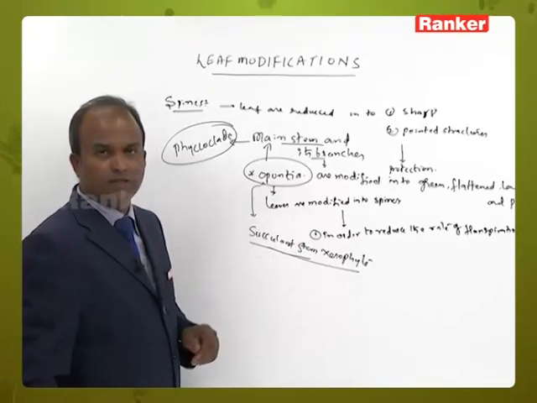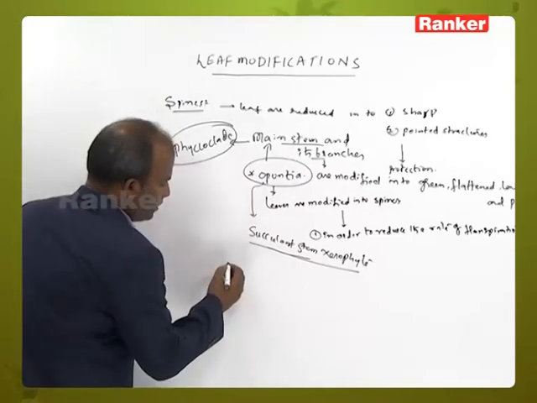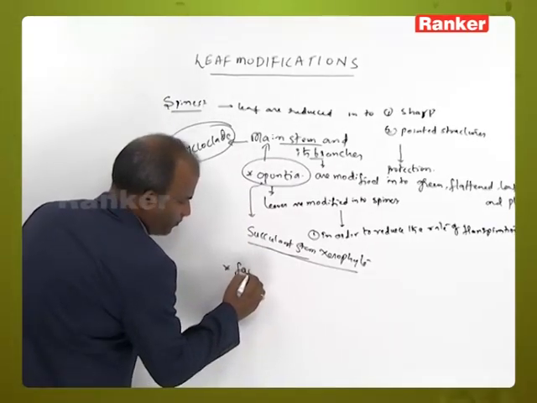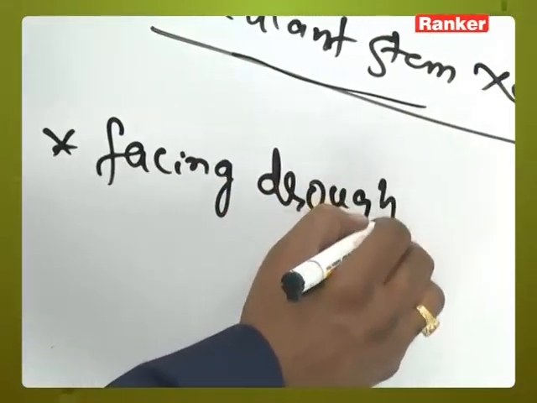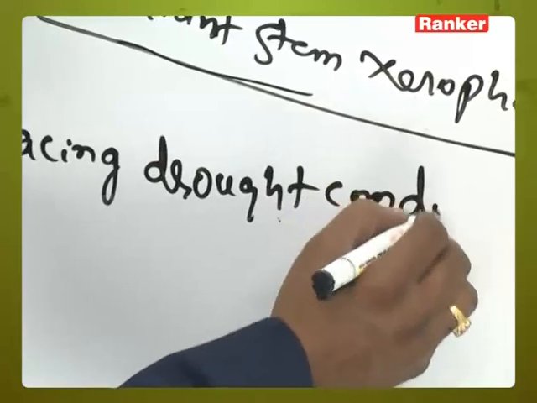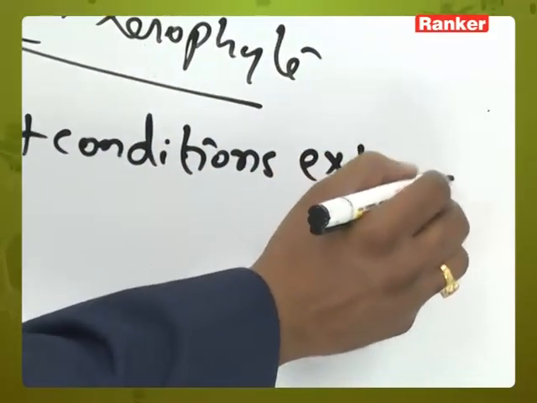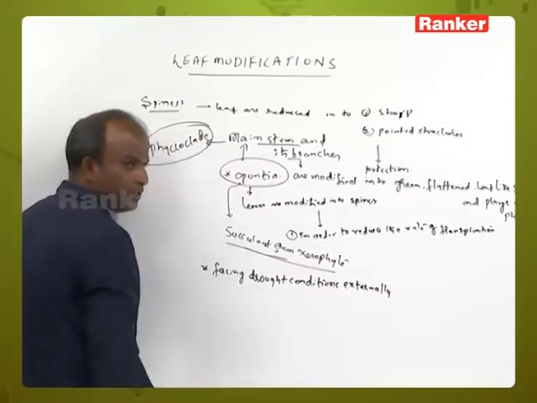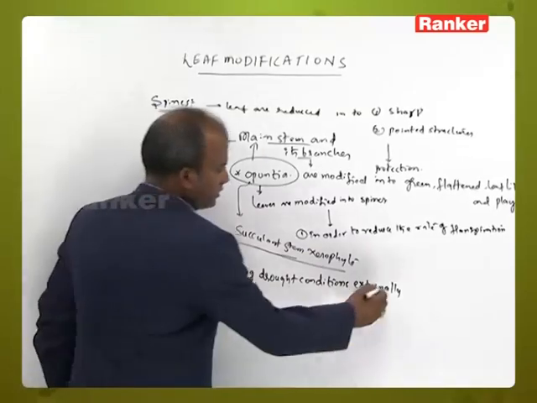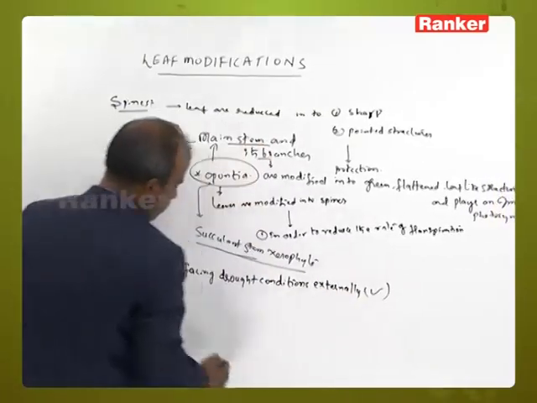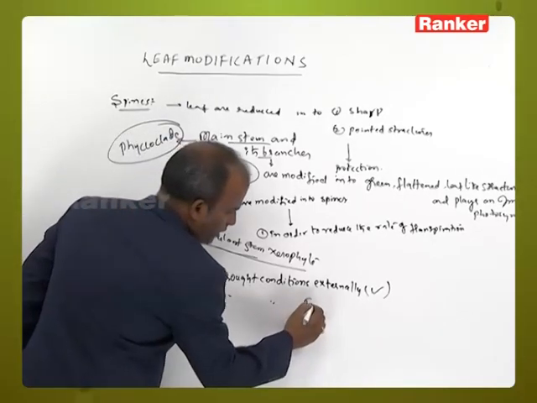In this succulent stem xerophyte, Opuntia, does it face drought conditions externally? Whether it is right or wrong, yes, Opuntia faces drought conditions externally. Does it face drought conditions internally?